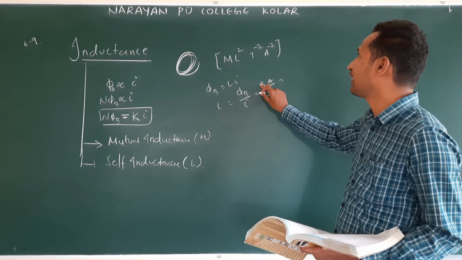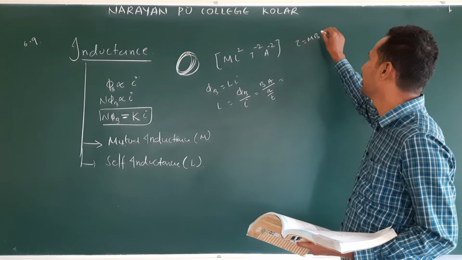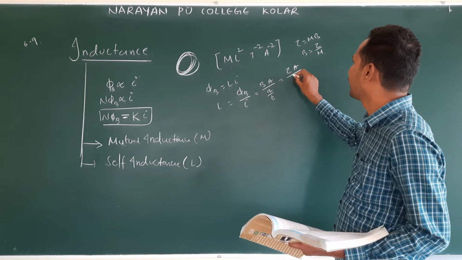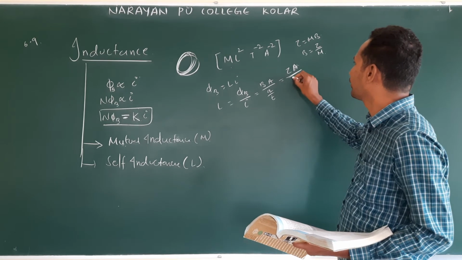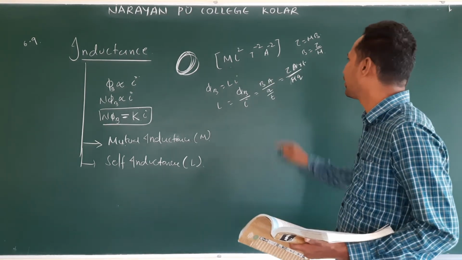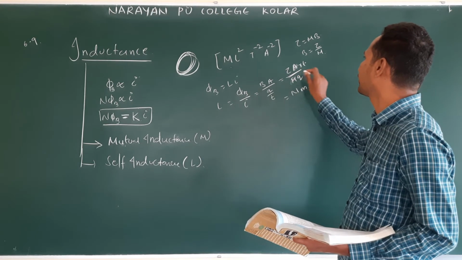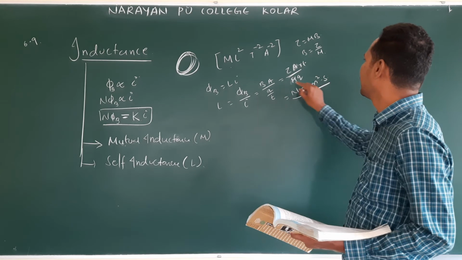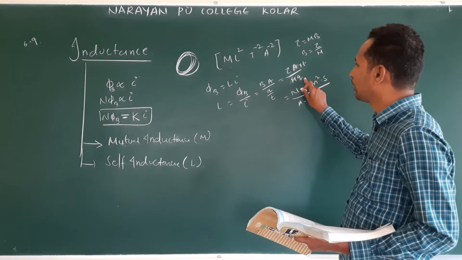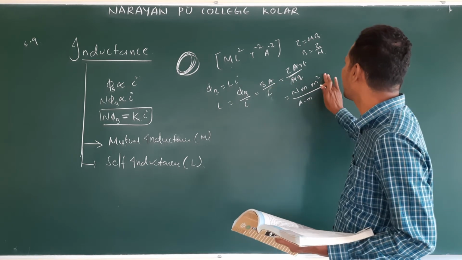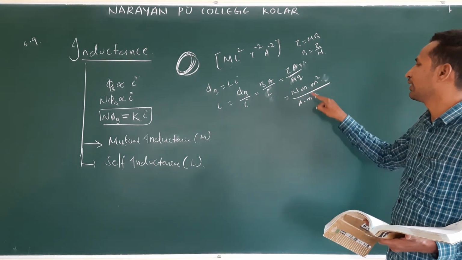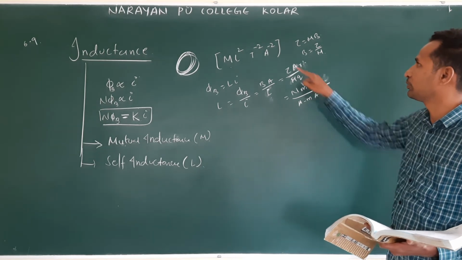For B, using torque, torque is equal to M B, so B is equal to tau by M. Then A is area. Tau has unit Newton meter, area is meter squared, magnetic moment M is ampere meter, and I is ampere. So Newton meter squared over ampere meter, with ampere squared going up as minus 2.